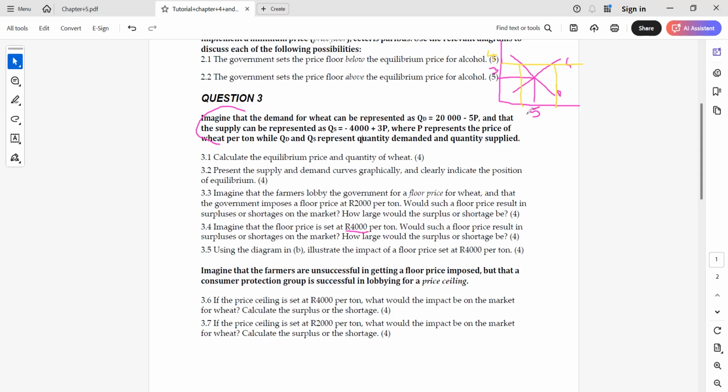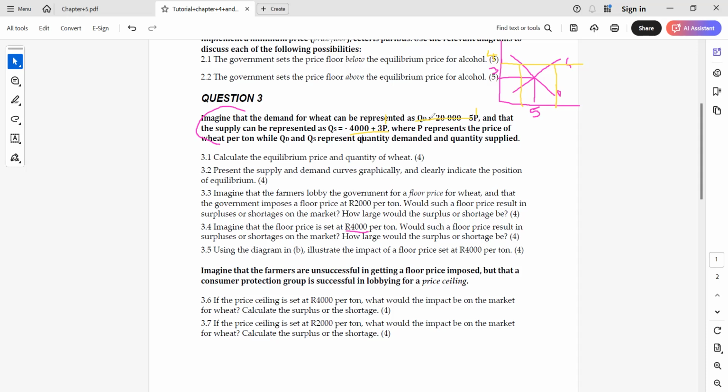So to get the quantity supplied and demanded, what you do, you just substitute in this formula and also in this formula. Because already you have your price. You're told what your price is, 4,000. So you just put 4,000 here in this P, and you also put 4,000 here in this P. And then you put this in your calculator.